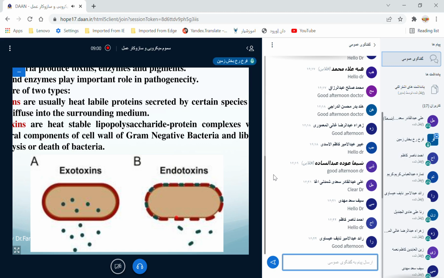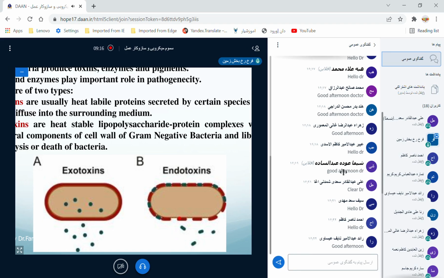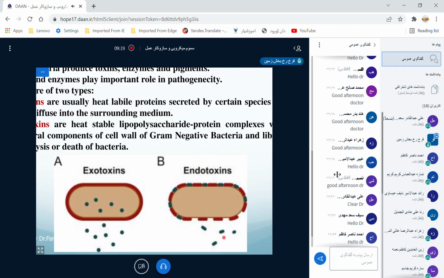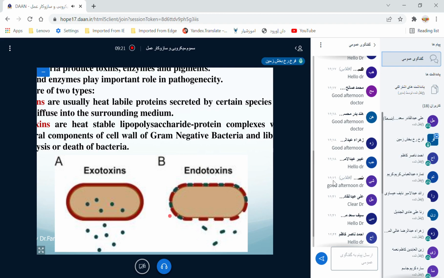One job is as a structural unit during the life of the bacterium, and the second job is showing toxicity after the bacterium dies, by breaking the cell wall and releasing these endotoxins.